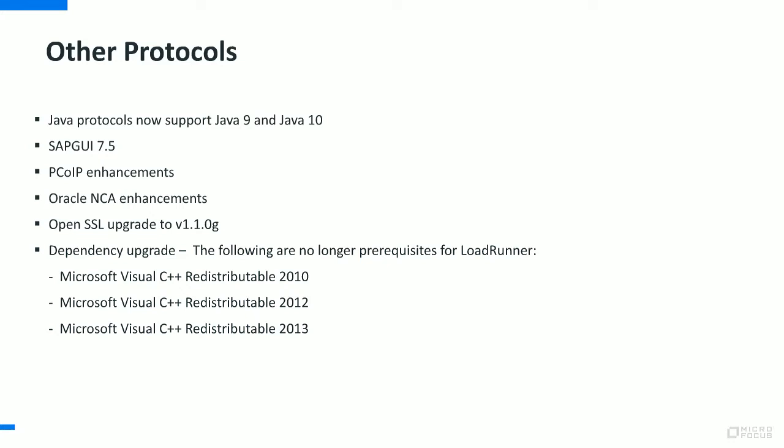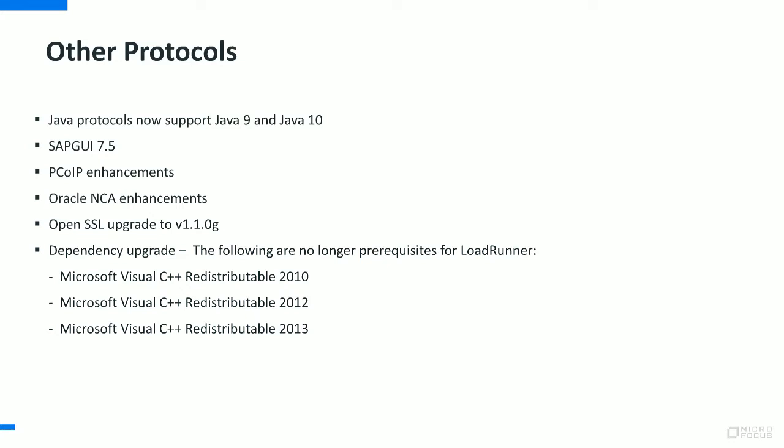SAP GUI 7.5 is now supported via Windows 10 and Windows Server 2016. On the PCoIP protocol, we have enhanced the desktop tool support with the ability to sync on bitmap timeout per step. And for the Oracle NCA protocol, it now has a new runtime setting that enables connecting to one or more IP addresses.